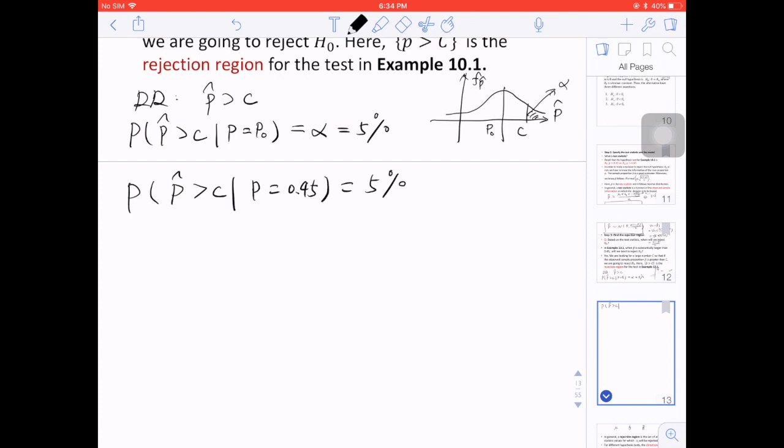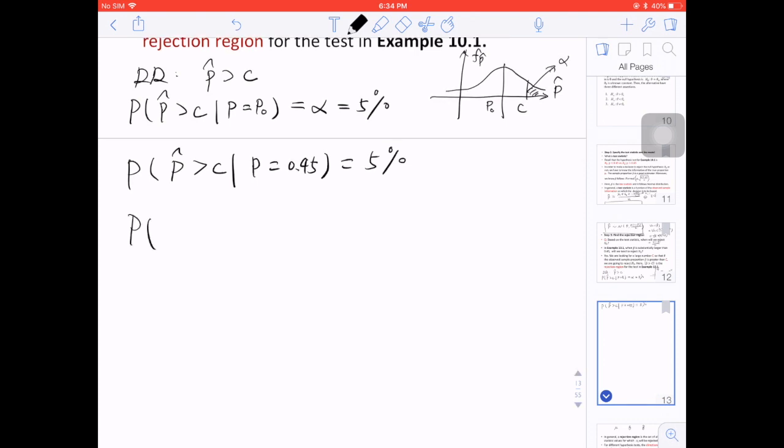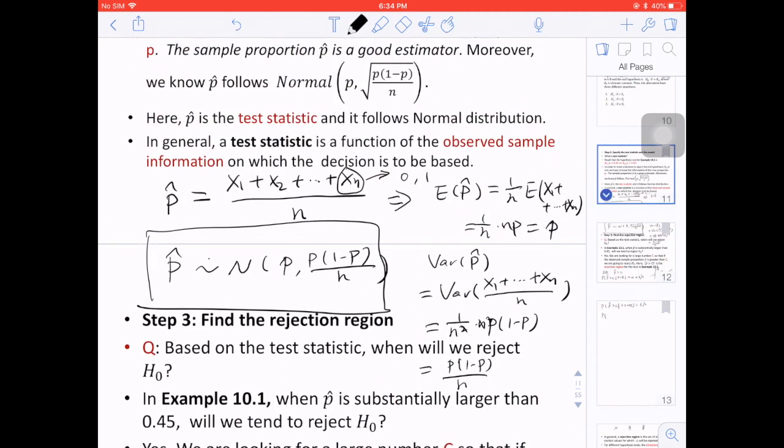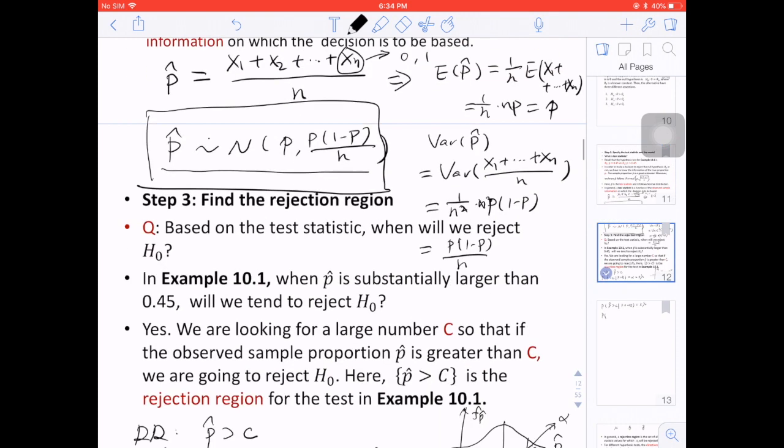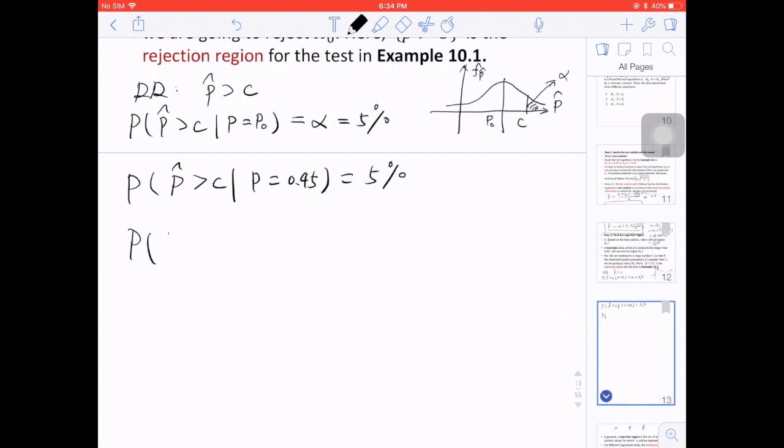In order to find it, we have to convert my p hat into a z random variable, because we know that my p hat follows this distribution. So I'm going to subtract the expectation of p hat and divide by the standard deviation of p hat. This is my z.